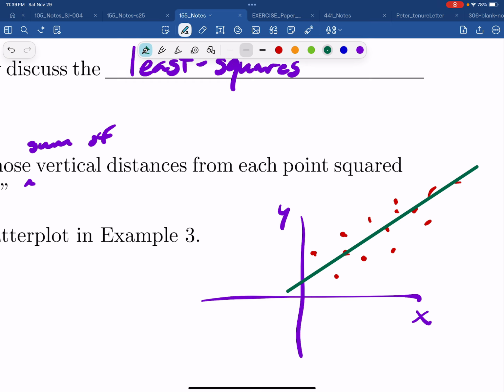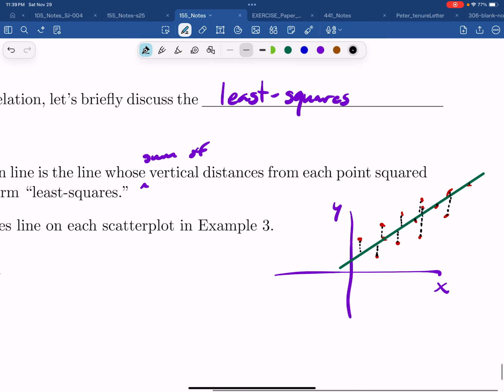Well, we're really looking at the average relationship between these points. So what we do is we take the vertical distance from each of these points to the line, for all possible lines that could do this. We square each of these vertical distances, then we sum them up, and then we minimize that sum.